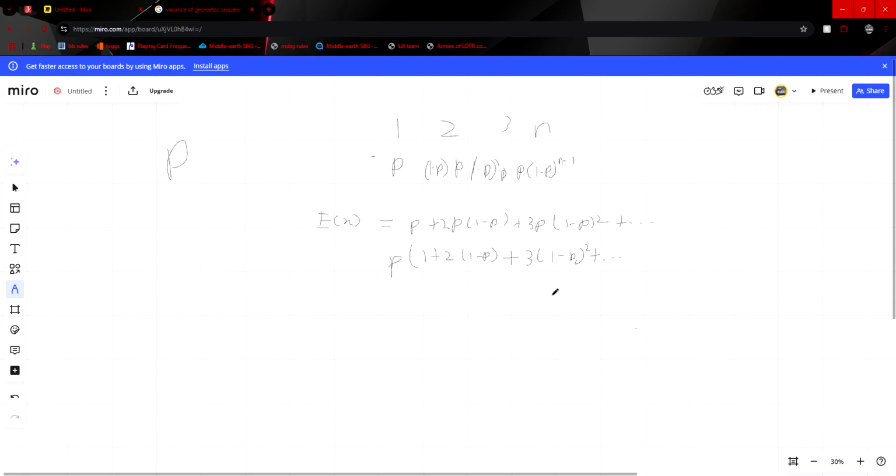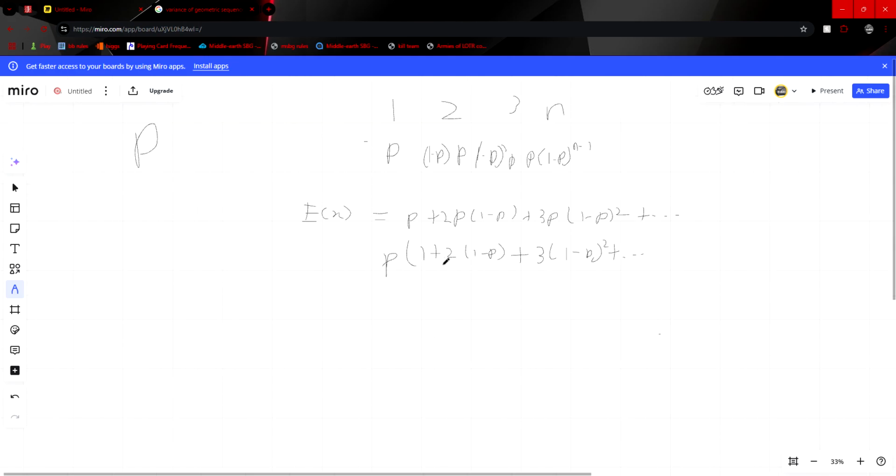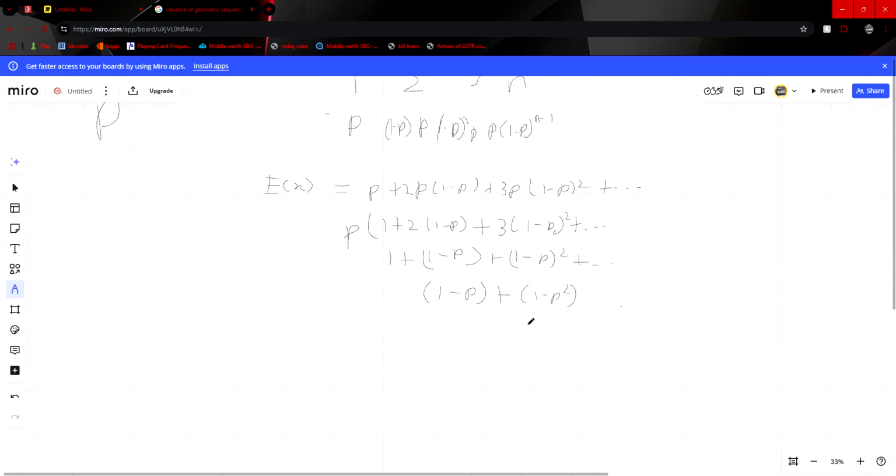And I suppose the thing to realise now is that we've got essentially an infinite series. So this term inside the bracket is just 1 minus p, plus 1 minus p squared, plus ... to infinity, and then another 1 minus p, because there are 2 of them and there's only 1 of them, plus 1 minus p squared, and we can just keep going down for however many there are.